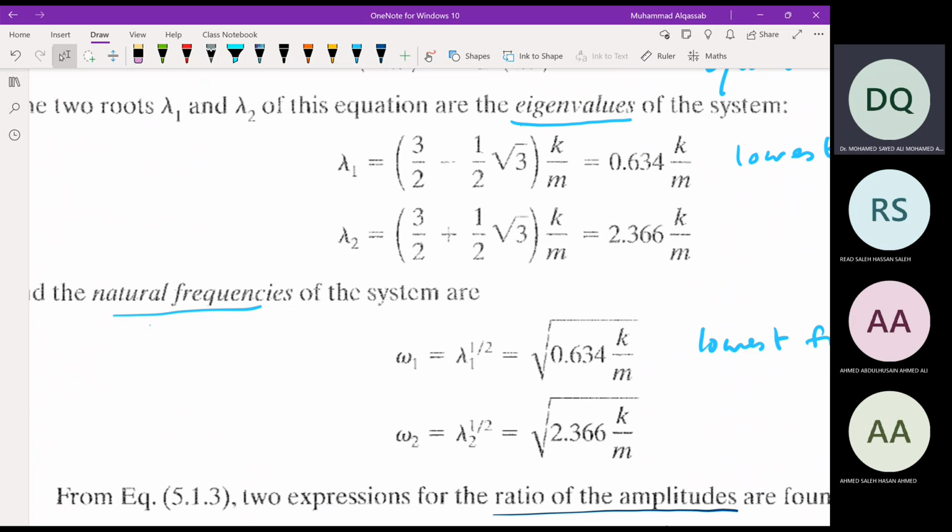There is no omega 2. And if it oscillates with the second mode, it will oscillate with omega 2 only. If you give initial conditions that have a mix of the two modes, the system will oscillate with the two natural frequencies at the same time.